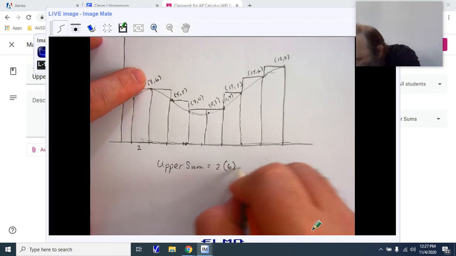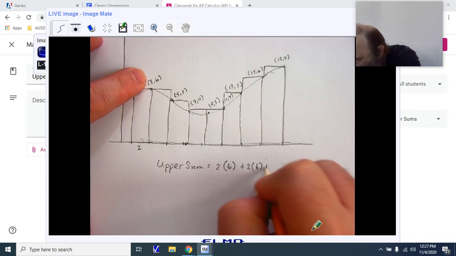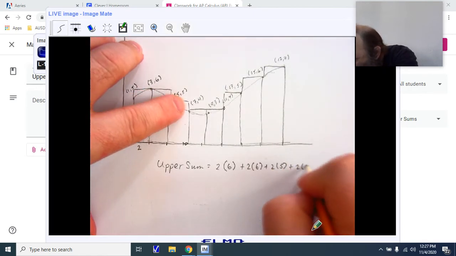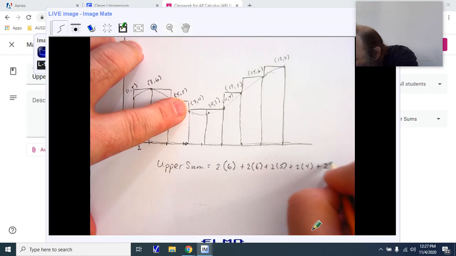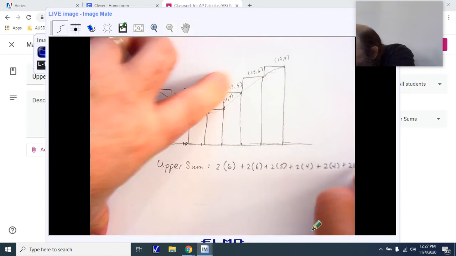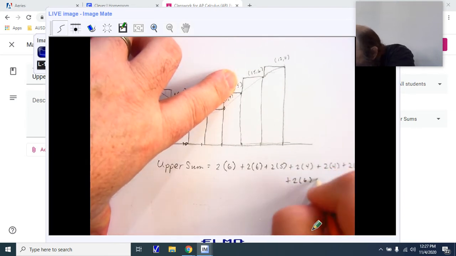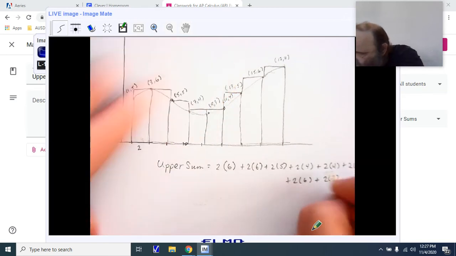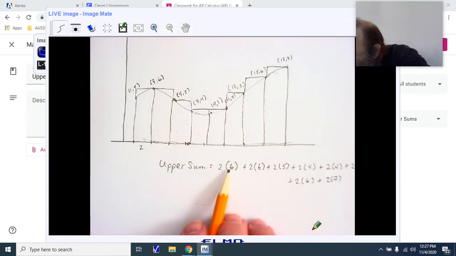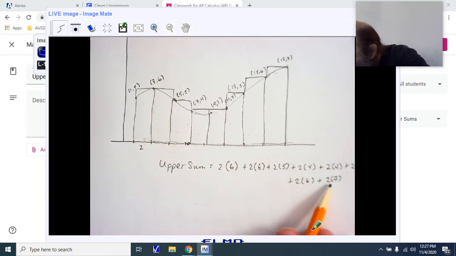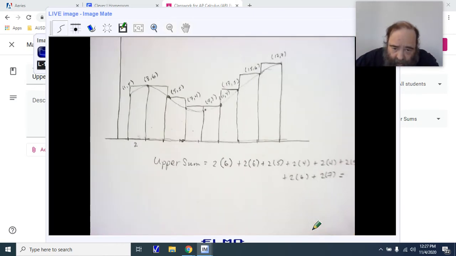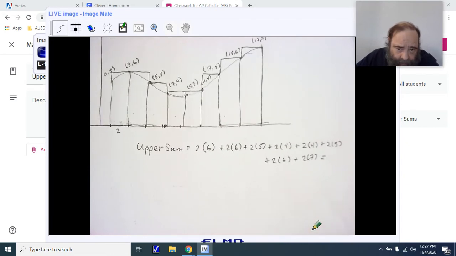In this case, 2 times 6, 2 times 6, 2 times 5, 2 times 4, 2 times 4, 2 times 5, 2 times 6, and 2 times 7. So let's just count them. 1, 2, 3, 4, 5, 6, 7, 8. And then we add this up. Okay, and that will give us an upper sum.